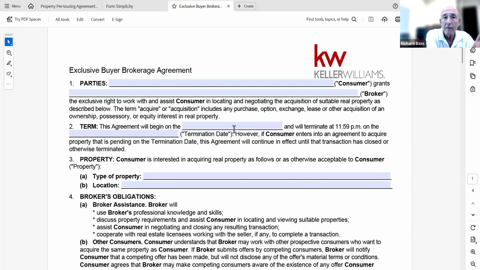So you see how you've gone from the first one, which is really no relationship whatsoever, just saying I'm fulfilling the laws of NAR and what I have to disclose to you, to I'm going to take you out and show you a couple of properties, but that's just transactional, to now we're really working together. I'm representing you to the best of my abilities. Is this progression making sense so far?